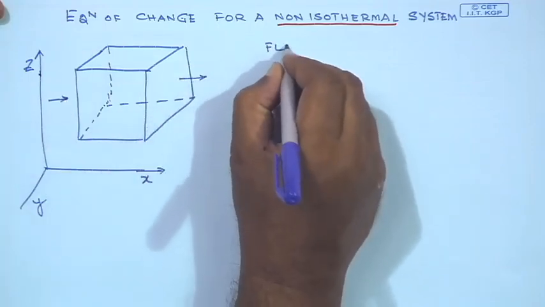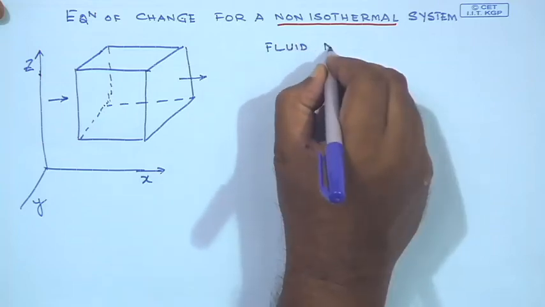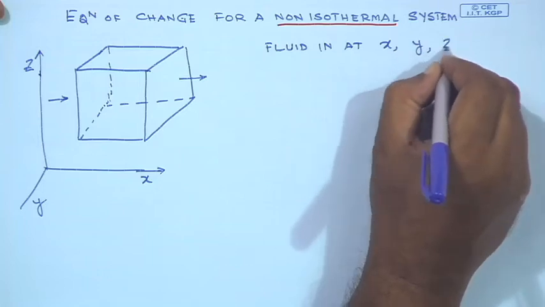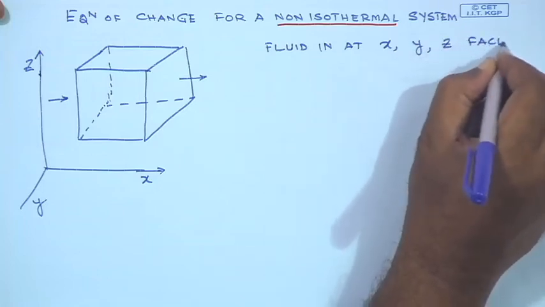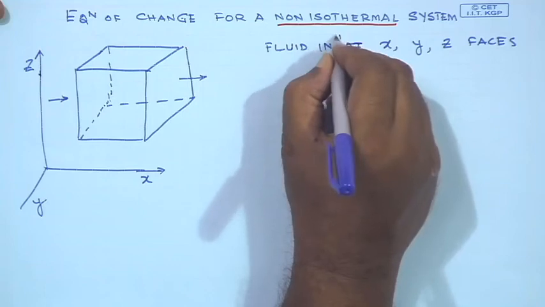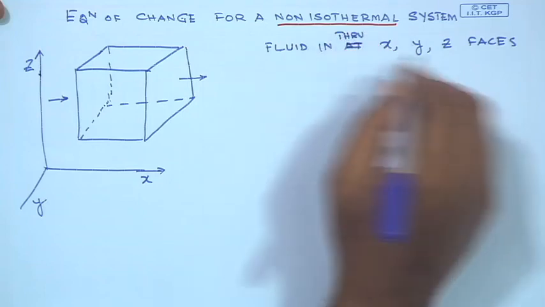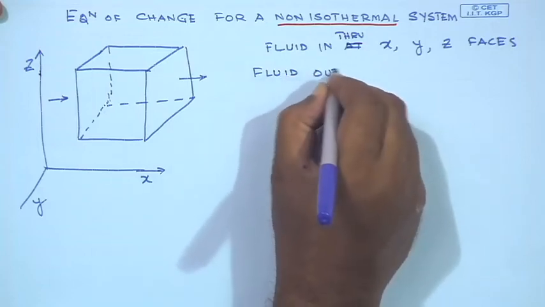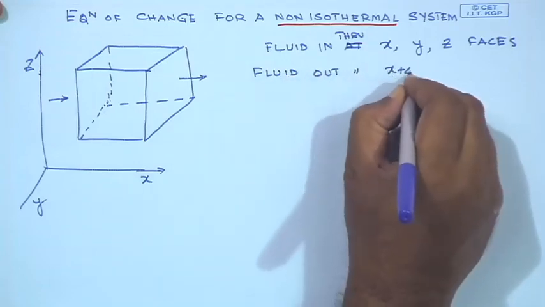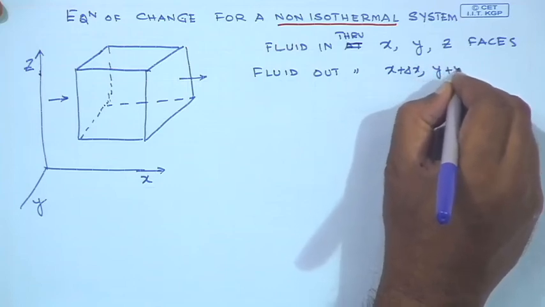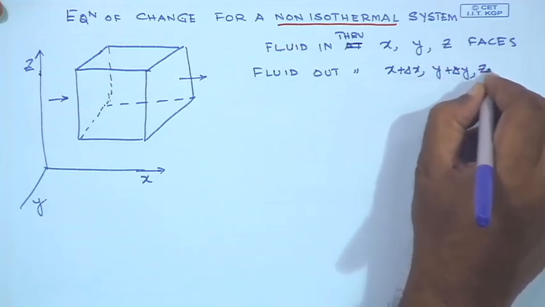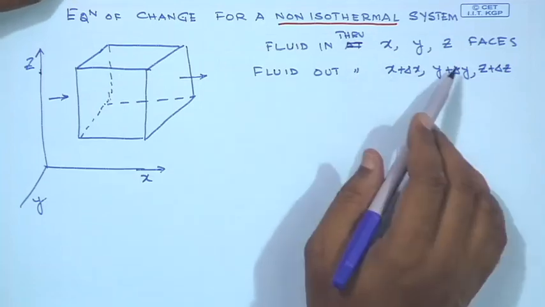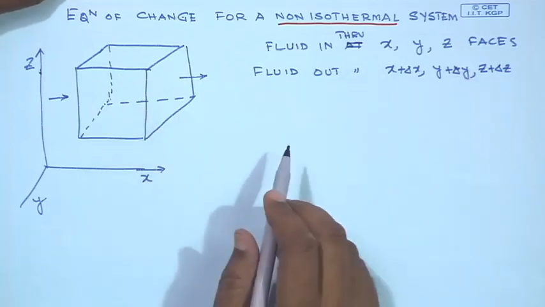So, fluid in through x, y, and z faces, and the fluid out through faces at x plus delta x, y plus delta y, and z plus delta z. So, this is how the fluids can come in and go out of this control volume.